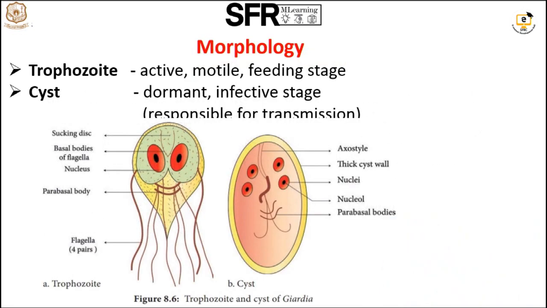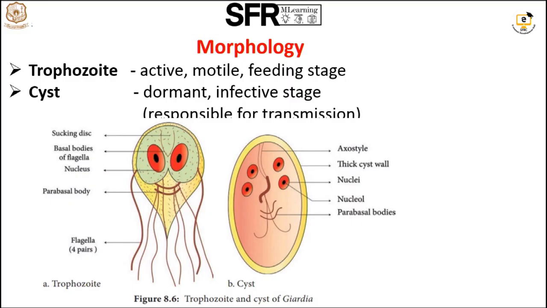Then we look at the morphology of Giardia lamblia. The morphology of the protozoa consists of two main stages, that is the trophozoite and the cyst. The trophozoite is the active, motile and feeding stage during which the organism grows and multiplies inside the host. It is delicate and cannot survive long outside the host body.